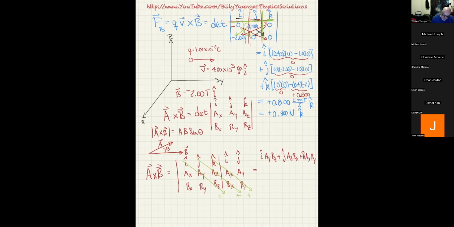Okay. Now I'm going to change colors, and let's use this pinkish color. I'm going to do the same thing, but this time I'm going to subtract all these. So I'm going to go diagonally down and to the left, and I'm going to subtract that, and subtract that, and subtract that.